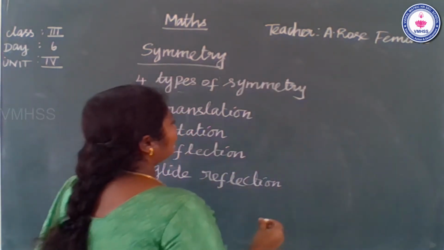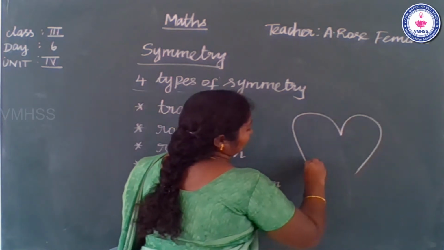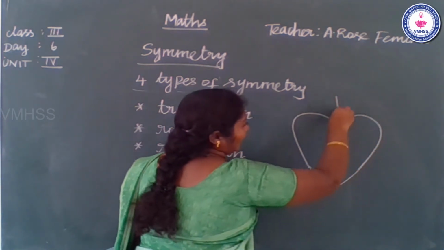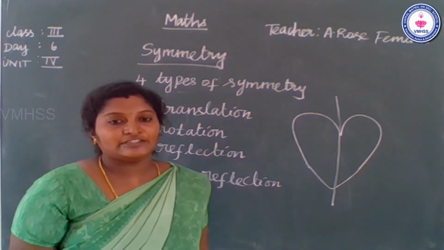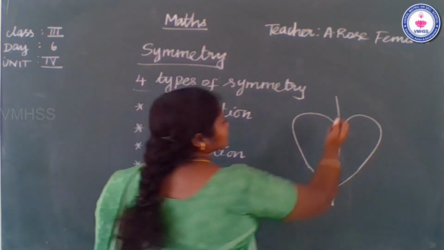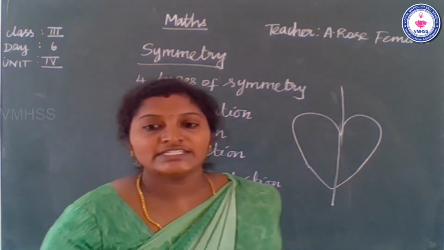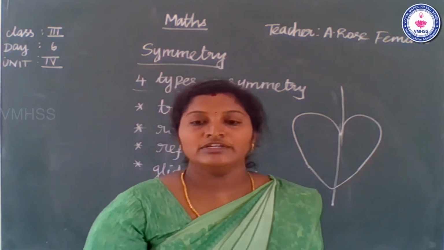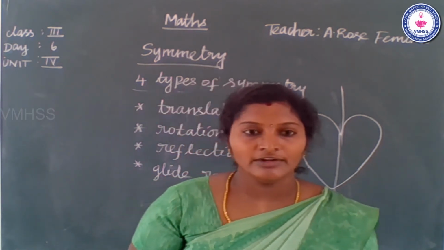For example, draw one horse. I cut the symmetry, so this is the mirror image. One half is the same as the other half. So this is the main symmetry. Do you understand?